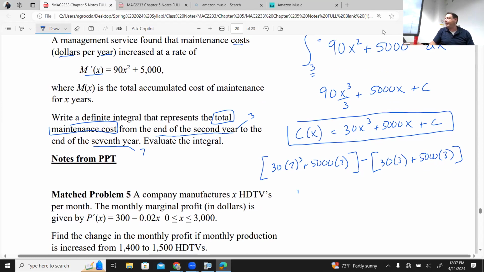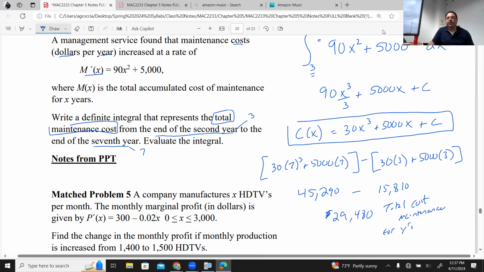If you typed it incorrectly, you'll get 45,290 minus 15,810, which will leave you with 29,480. That is the total cost. This was for maintenance for year 3, which is the end of year 2, to year 7.